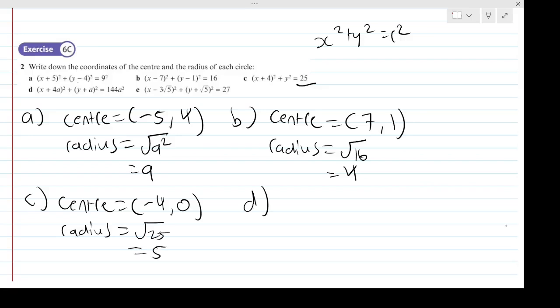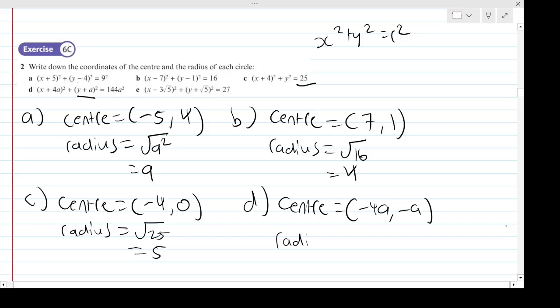Then part D, we have (x + 4a) squared. So obviously we've got some algebra, some letters, but again, exact same concept. And (y + a) squared is 144a squared. So the centre in this case, instead of x plus 4a, it'd be minus 4a for the x coordinate. Then y plus a, the y will be minus a. There we are.